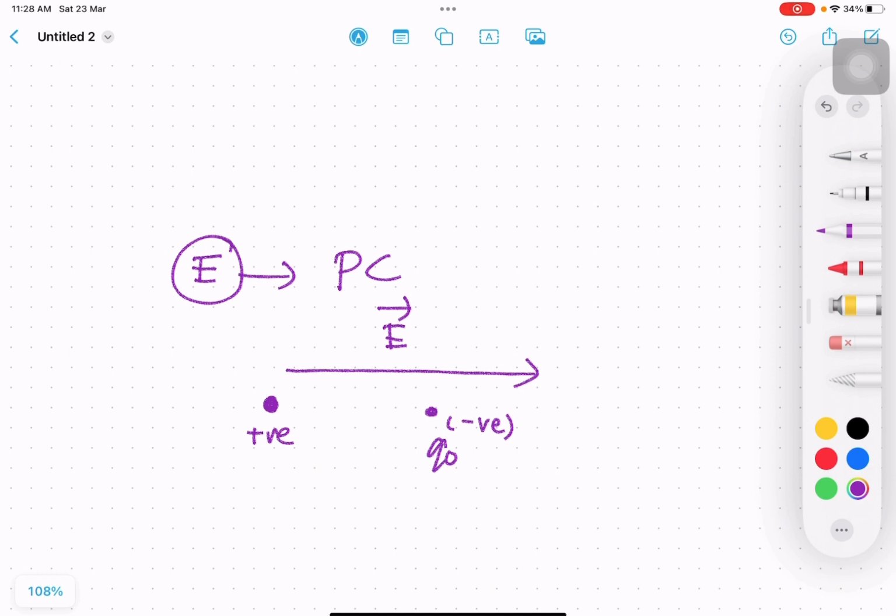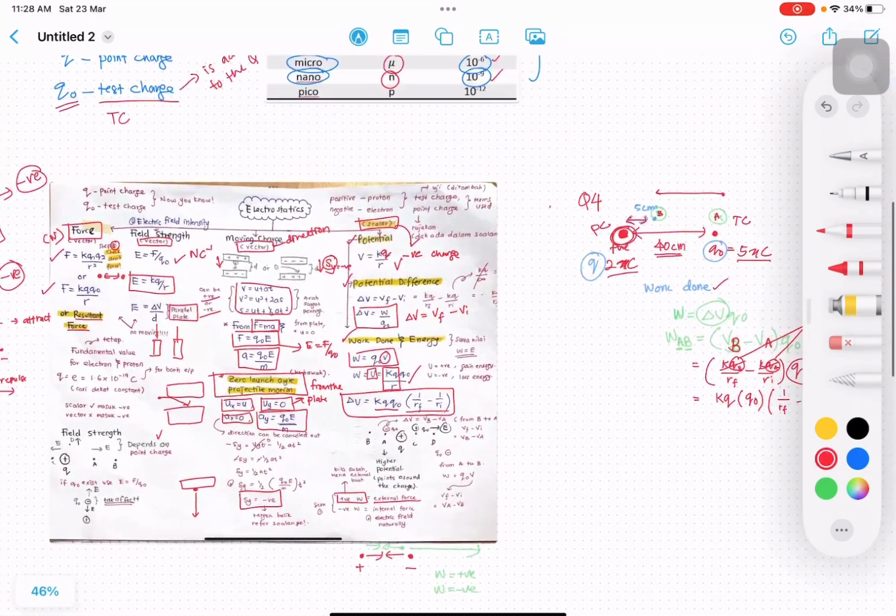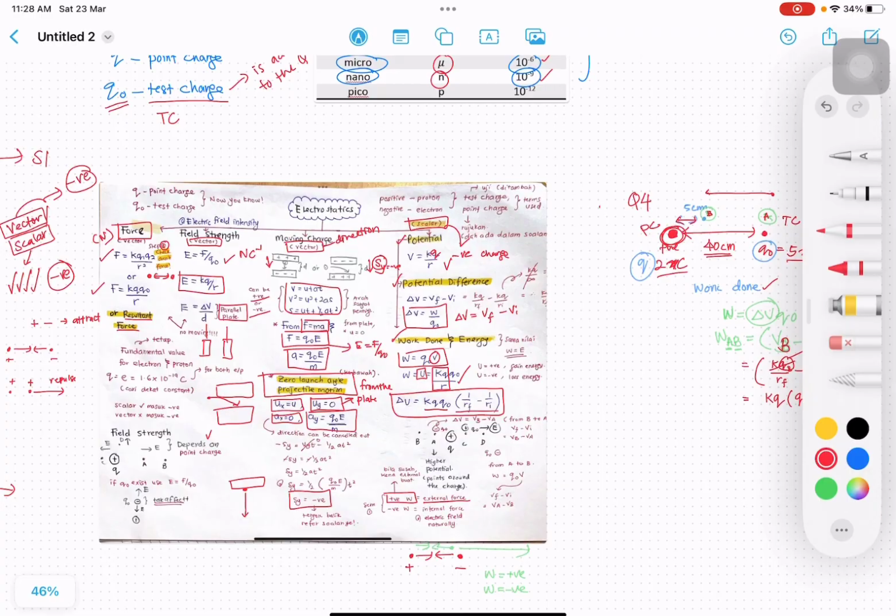Maksudnya dia tengok PC je. Test charge tu baru kita nak wujudkan, so dia tidak ada kaitan dengan test charge. Tapi bila berkaitan dengan force, is actually attract. So this is F on Q naught with respect to Q. Banyak sangat. This chapter awak kena study elok-elok. InsyaAllah dipermudahkan.